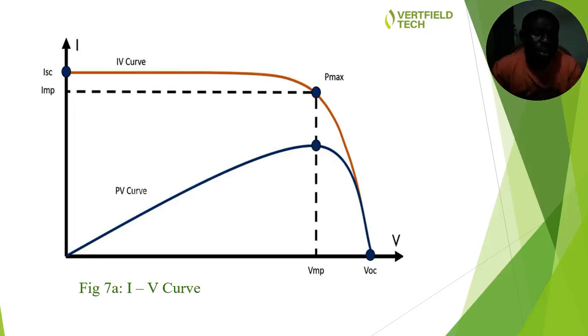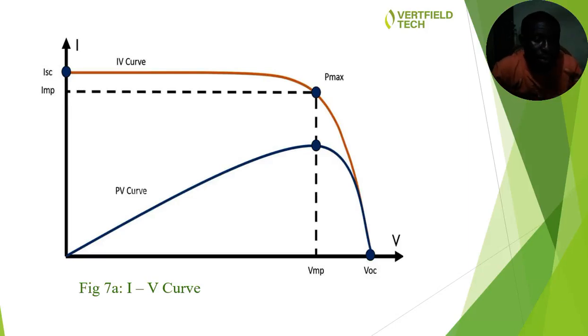So here is what we call the IV curve. This IV curve showcases all the technical parameters we have mentioned. You can see the VOC being higher than the VMP and the ISC being higher than the IMP.